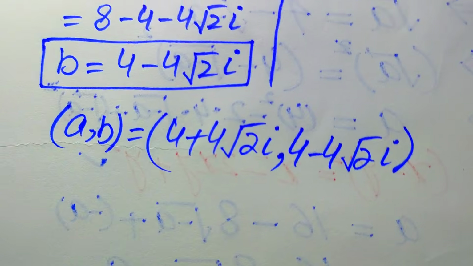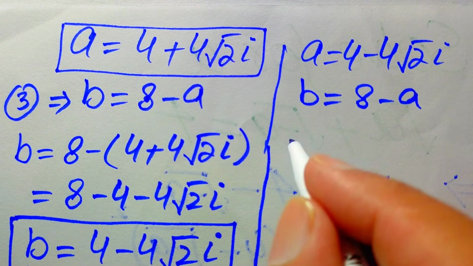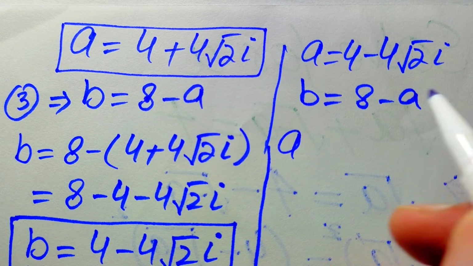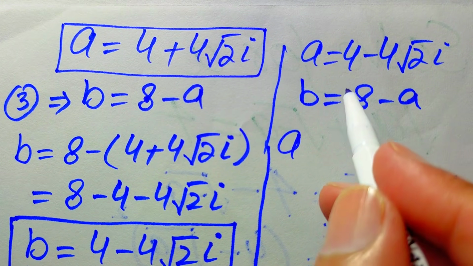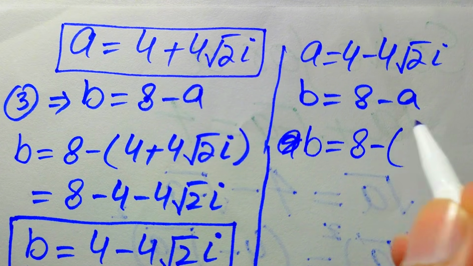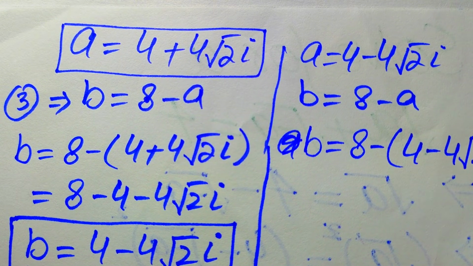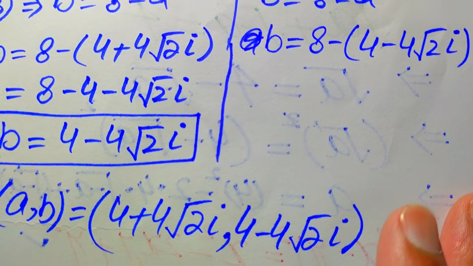And now we move towards our second case. When you put this value of a here, we get b is equal to 8 minus a. The value of a is 4 minus 4 times square root of 2 iota.